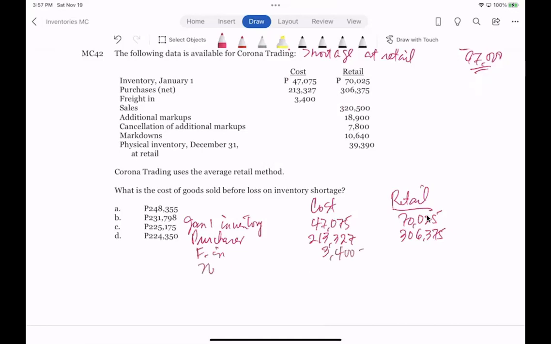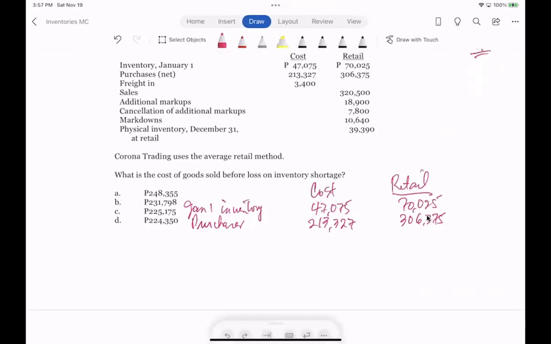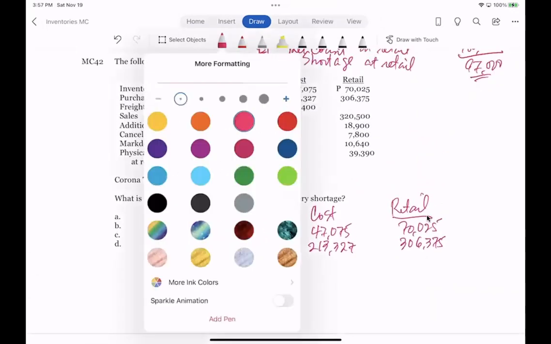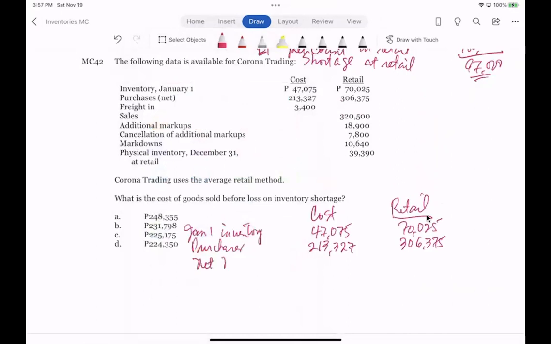We have net markup. Be careful. So that's 18,900 minus 7,800, so that is 11,100.